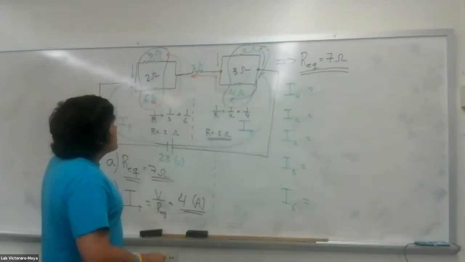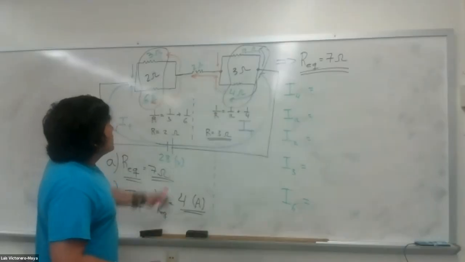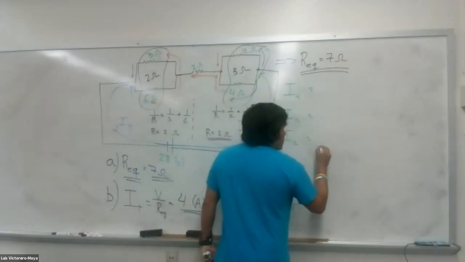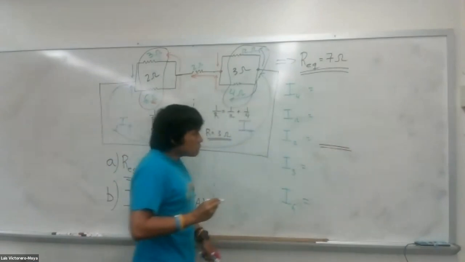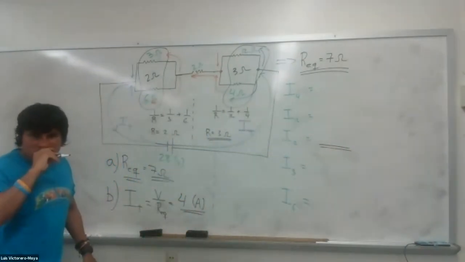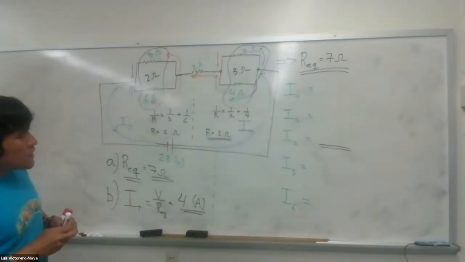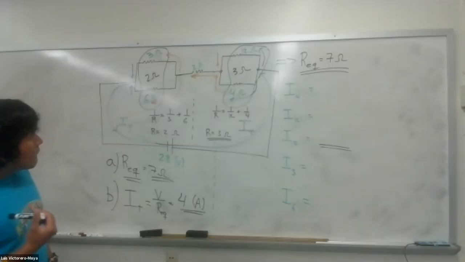All right, can somebody tell me what's the current on 2 ohms? So what's the current here? Just think about it. Imagine you're in the exam right now. What's the current on 2 ohms there?